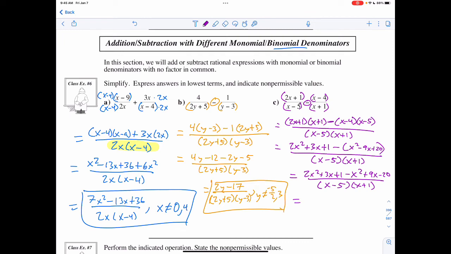And this is going to leave me with x squared plus 12x minus 19 over x minus 5, x plus 1. I can't factor down the numerator at all, so I just need to state that this is true so long as x cannot equal either 5 or negative 1.